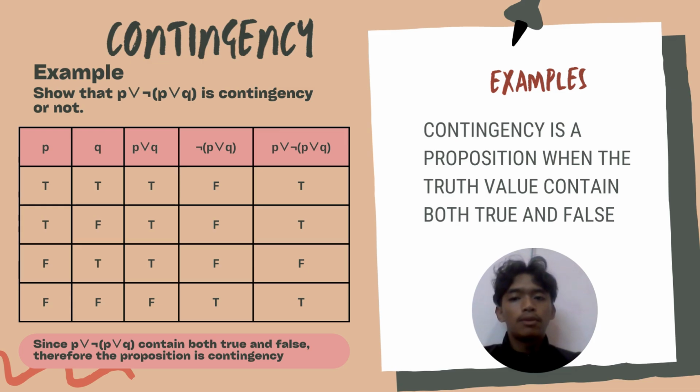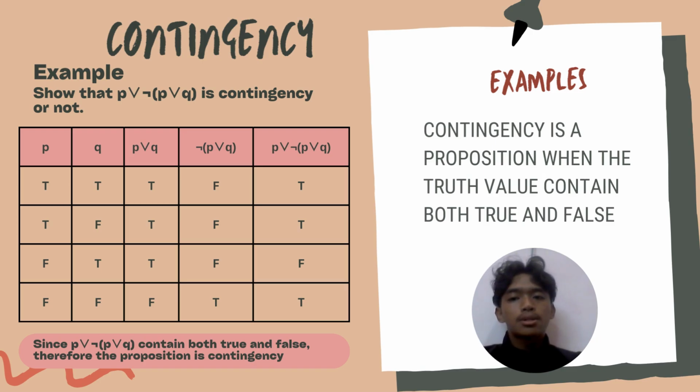After finding the truth values for P and Q, we need to find the truth value for P disjunction Q. As we already know, disjunction is equal to plus, with true equal to 1 and false equal to 0. Hence, we can find the value of P disjunction Q. In row 1, P and Q are both true, so it will be 1 plus 1, and we get true.